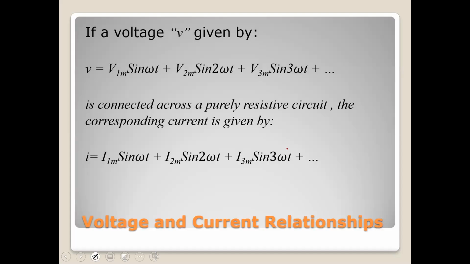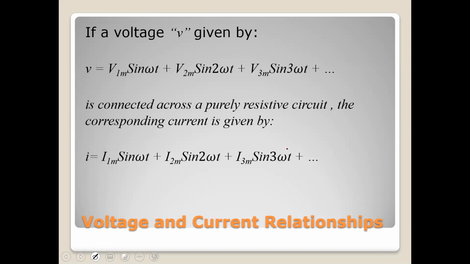So we have a voltage V equal to V1m sine omega t, V2m sine 2 omega t, and so on. Of course, the 2m and 3m, etc., are just the amplitudes of the individual components. If we connect it across a resistor, remember, when we're looking at AC circuits, the current and the voltage across and through a resistor are in phase.